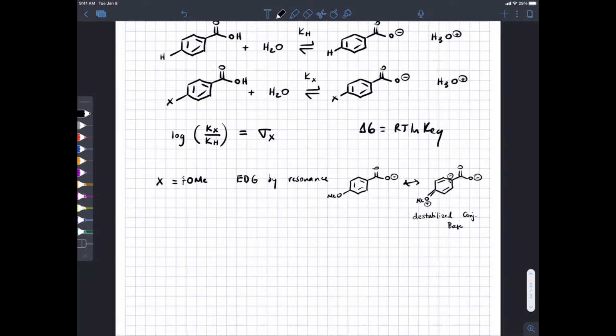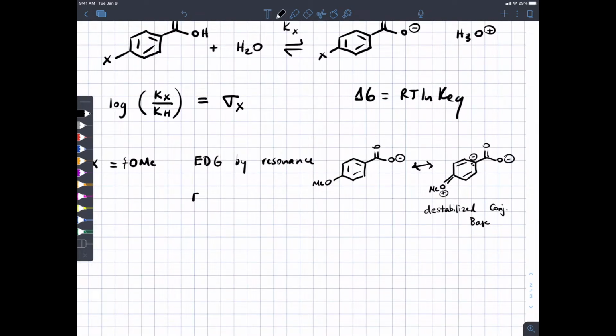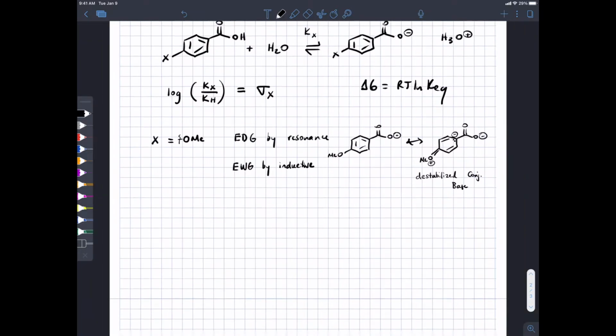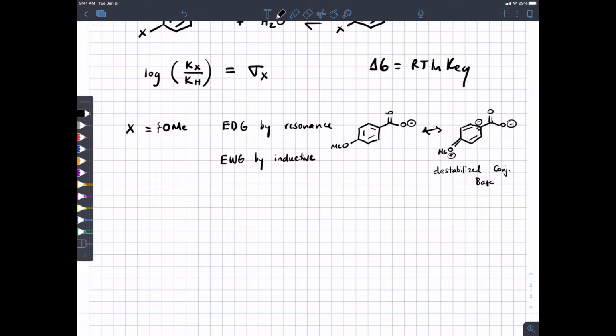Now, your expectations might be attenuated by the fact that methoxy is an electron withdrawing group by an inductive effect. That is, oxygen's electronegative, and so through the sigma bonds, it can pull electron density away from the ring. So you'd need to offset those two things in your consideration.